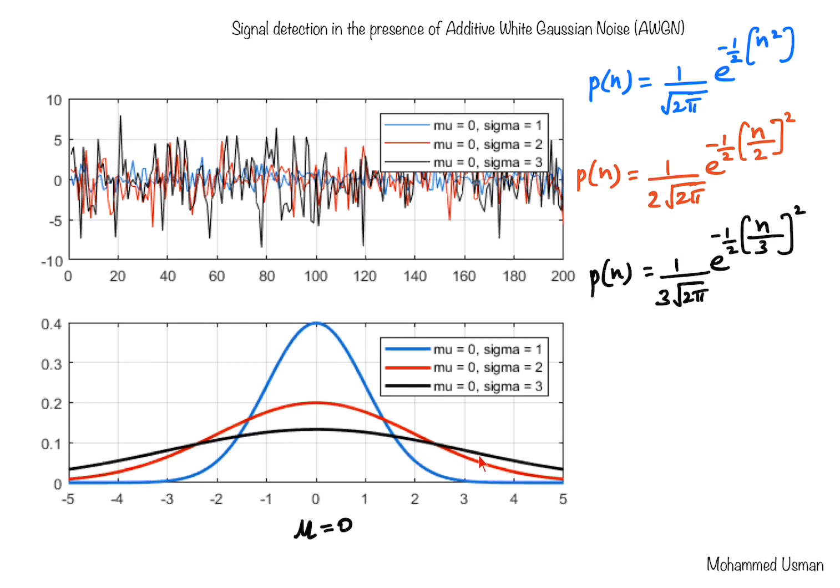So as we keep going further, we see that when the standard deviation is higher, the probability of the higher amplitudes of the noise becomes higher.